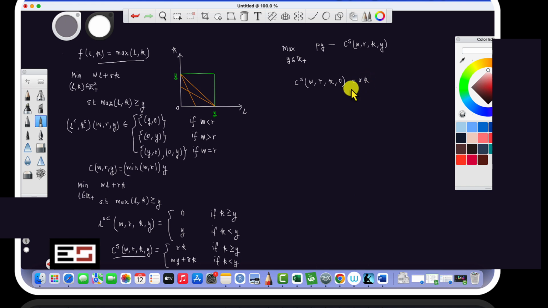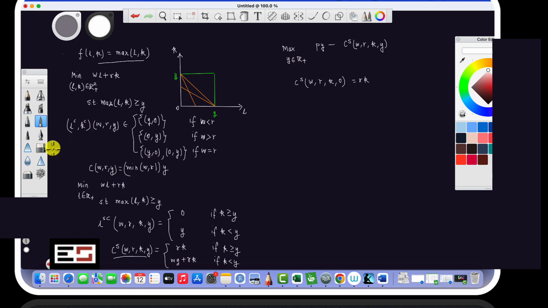Irrespective of how much output you produce, this is gone. It is not only fixed but also sunk, and non-avoidable. So we can just look at the variable cost, because subtracting the sunk cost rk from the objective is not going to make any difference at all to the problem.